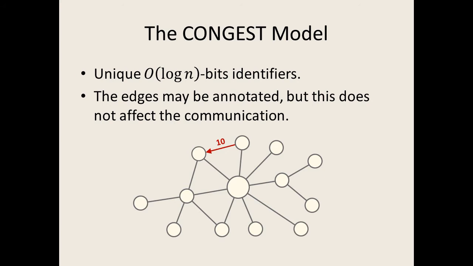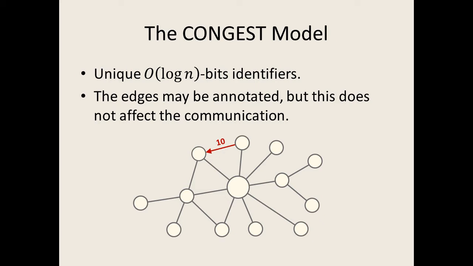We usually assume that each vertex has a unique identifier that can be represented using an order of log n bits, and that initially each of them only knows its own identifier and identifiers of its neighbors. However, in some cases, these vertices may be provided with some more initial information.